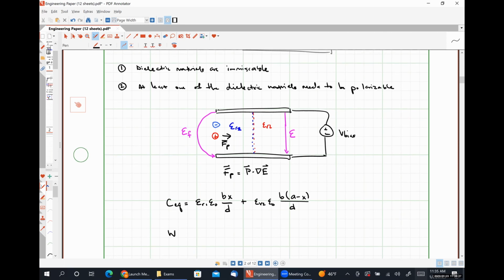So the energy stored by this capacitor as a function of X is 1/2 C_eq times our bias voltage squared, which comes out to be V bias squared over 2 times epsilon R1 epsilon naught B X over D plus epsilon R2 epsilon naught B (A minus X) over D. Epsilon naught can also be pulled out, but let's leave that in there for right now.